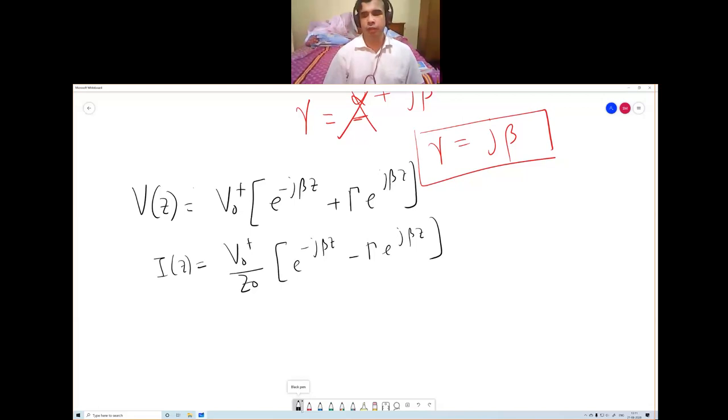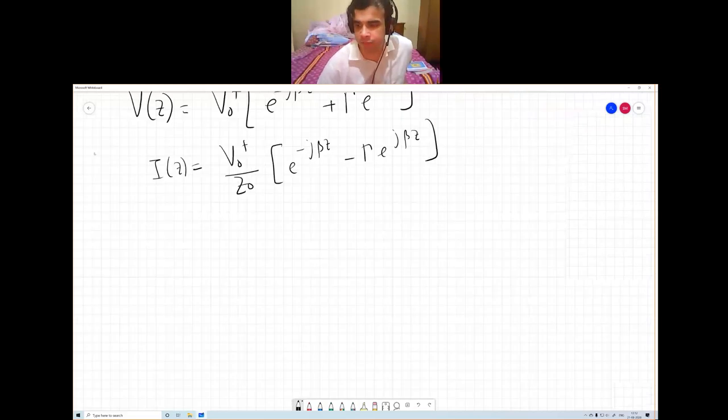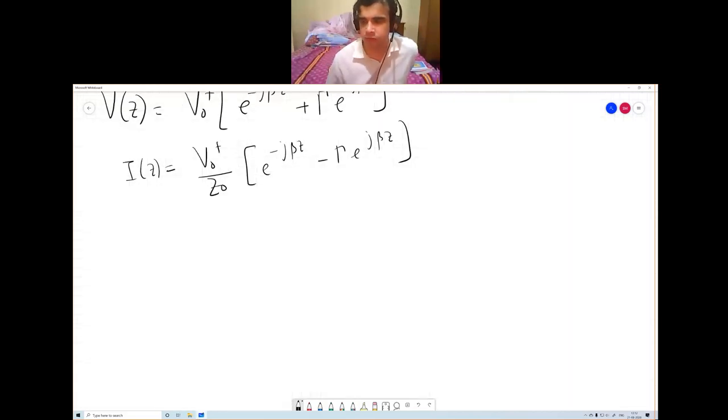Is it okay? Because now we can safely replace gamma by j beta because alpha is 0. Okay. For the rest of the discussion, we will assume the line is lossless.